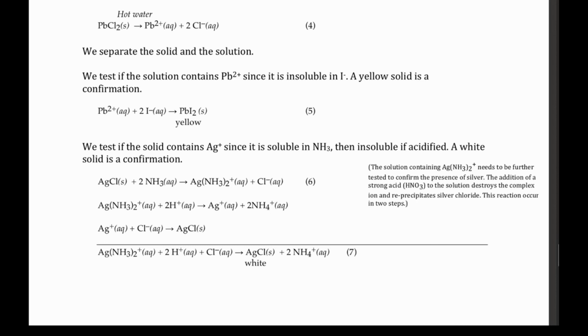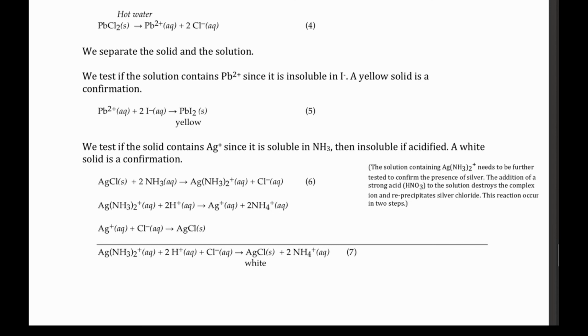And then if we wanted to go on further, we could add some source of acid, some source of H+, because the H+, being an acid, likes the NH3 of the complex ion being a base, and we get silver ions back.